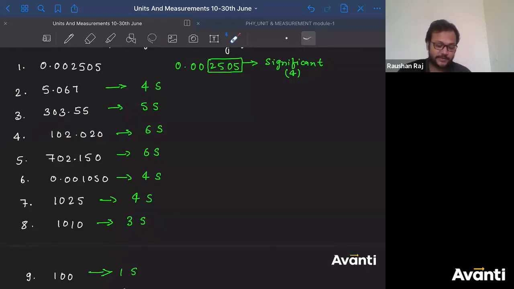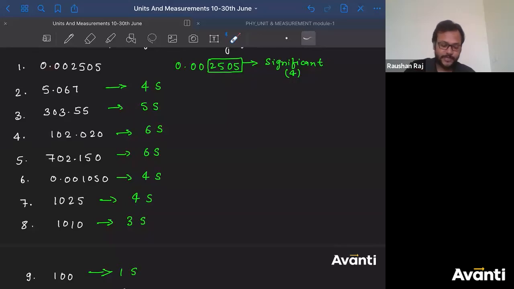Trisha, you can't just remove the decimal, because when we talk about measurement, you can express this number into some other form, but when you do, you have to make sure the number of significant digits does not change. Trisha is asking, can I remove the decimal here?